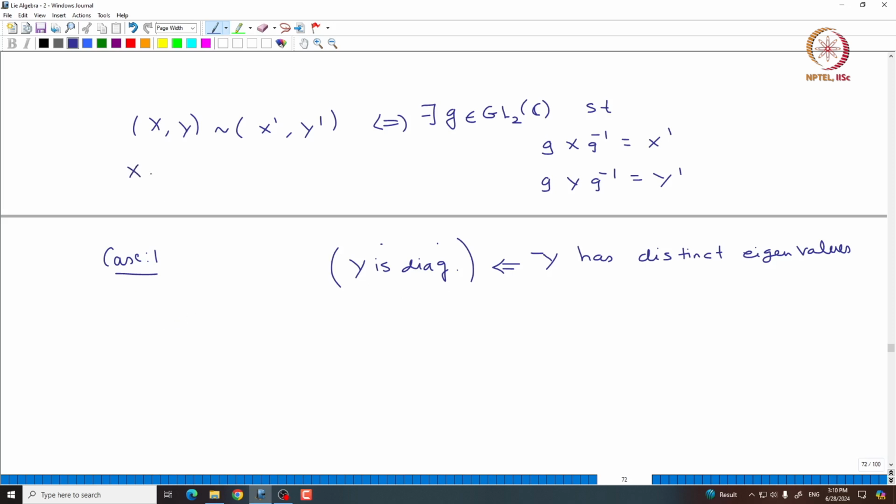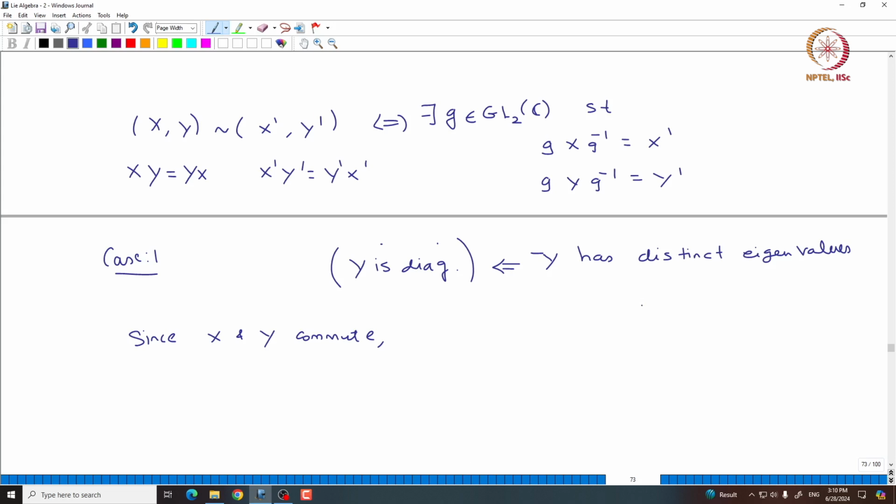The property of the pair x, y is xy equals yx and x' y' equals y' x'. So, since x and y commute, the eigenvector of y should be mapped to that. Okay.